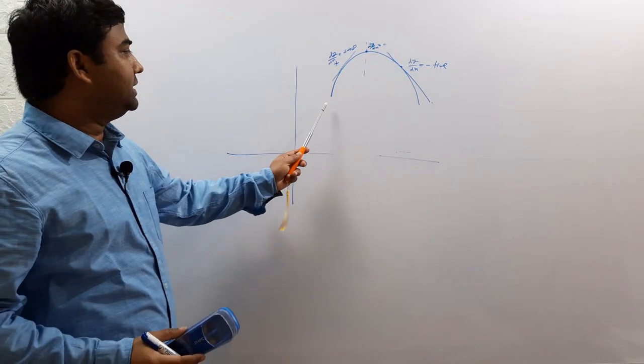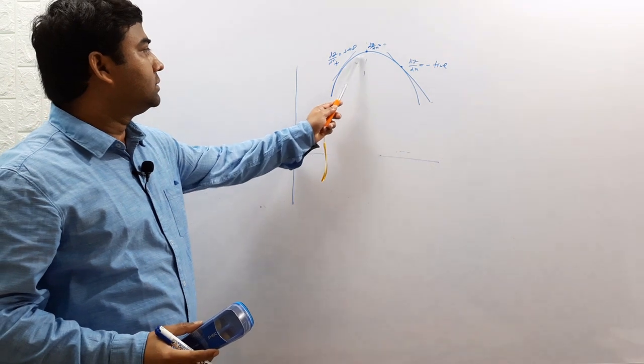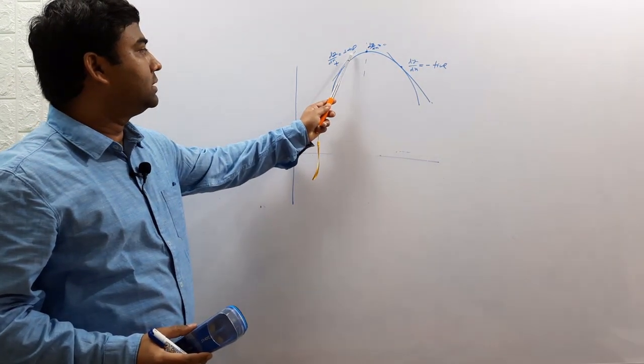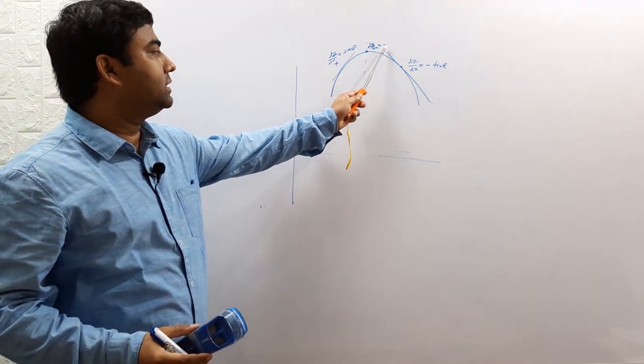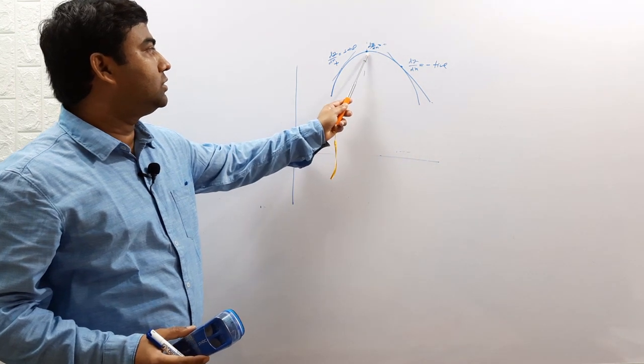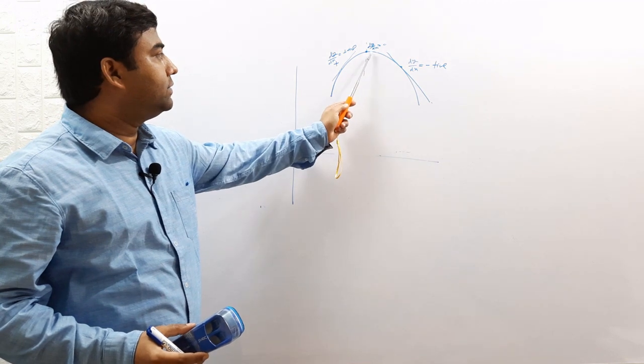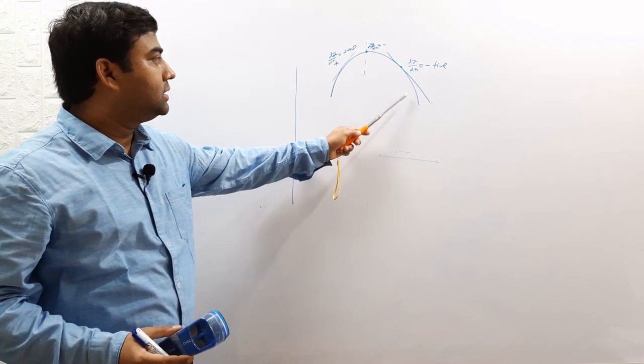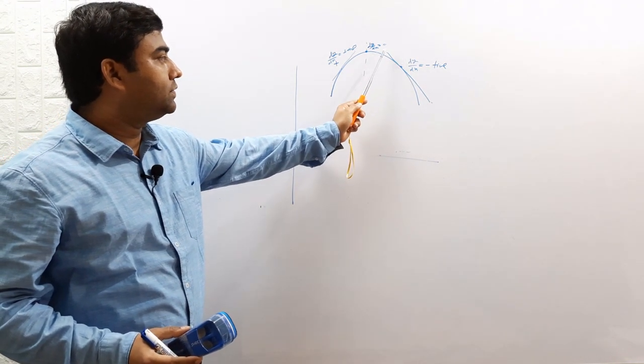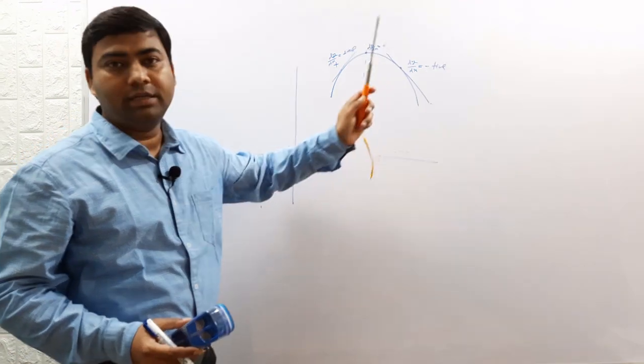So you see, for an increasing function, dy over dx is positive. The gradient of tangent is 0 at the top point, which is called the turning point. And again, when it starts decreasing, the gradient of tangent becomes negative.